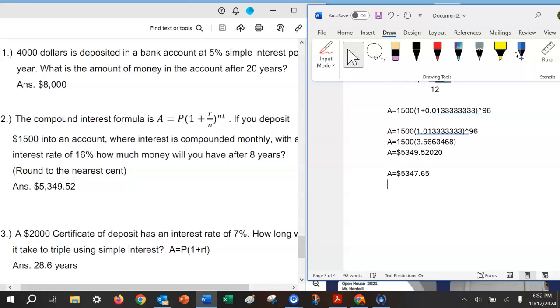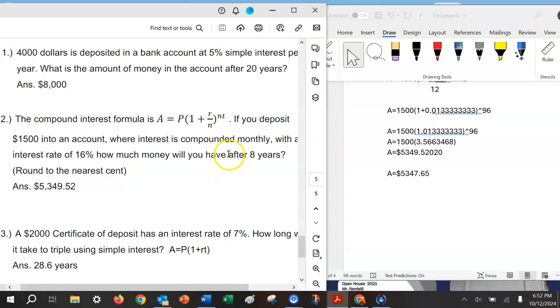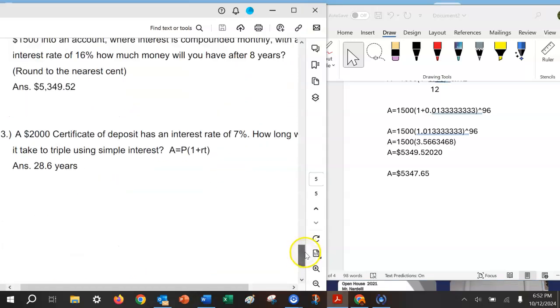Okay, so let's try our last one, the certificate of deposit. So, a $2,000 certificate of deposit has an interest rate of 7%. How long will it take using simple interest? Well, we missed some of that. So some of the wording we missed in here.